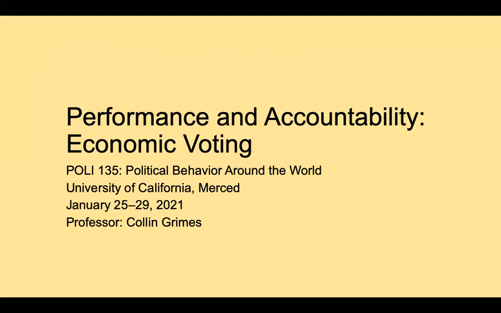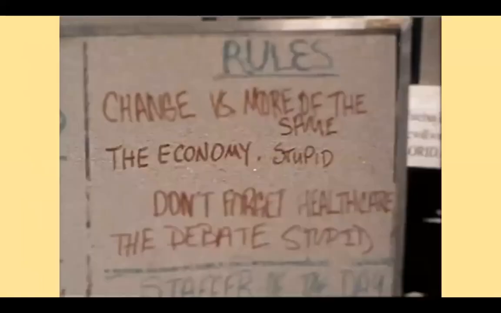And this brings us to our first type of voting, or our first theoretical unit, our first unit on what might drive the vote and what might explain the vote. When we talk about economic voting, and when we talk about considerations of economic conditions, either individual conditions or economy-wide, we often think of and remember this old saying, "It's the economy, stupid."